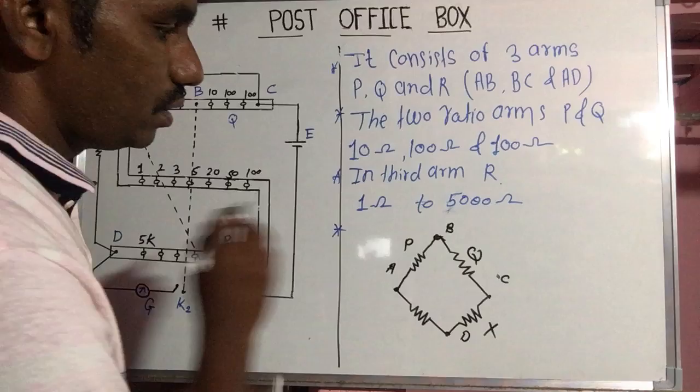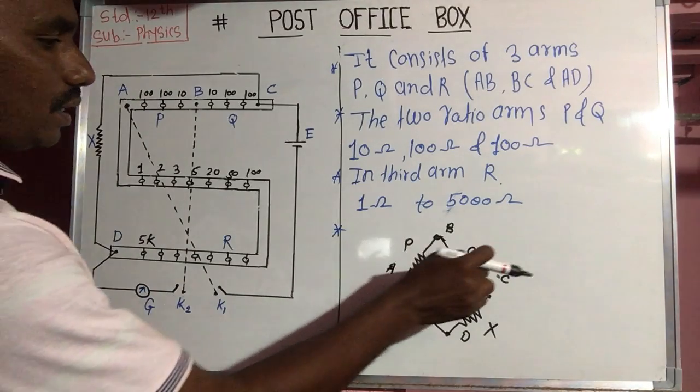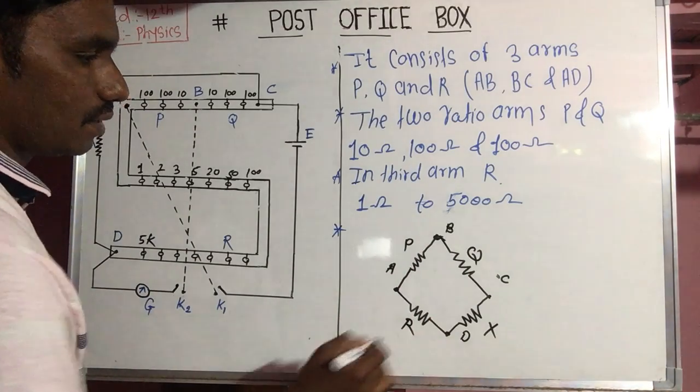That is a Wheatstone network containing four arms P, Q, X and R.